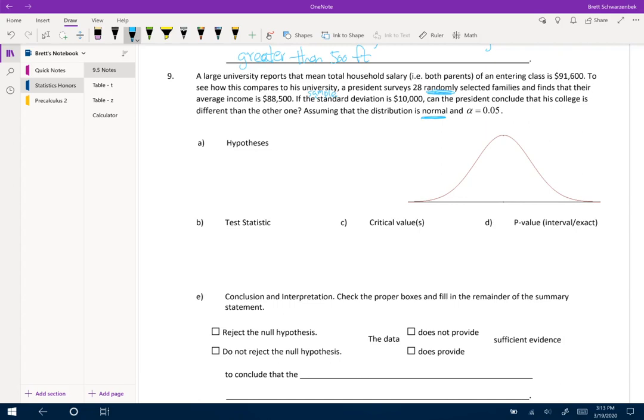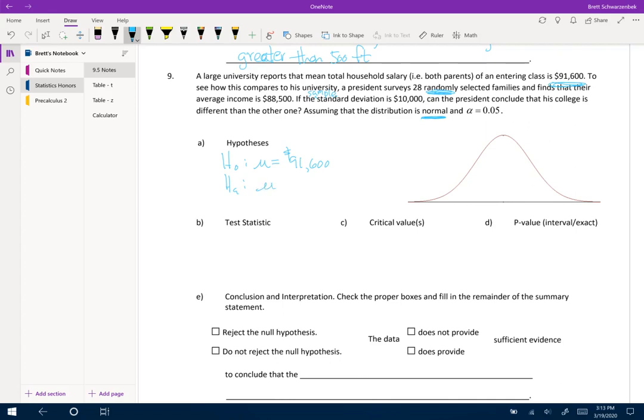Okay, so null and alternative hypothesis. Let's take a peek at that. Null is a statement of equality. It looks like we got a claim value of $91,600 over here. And that means the alternative is either going to be less than, greater than, or not equal to.